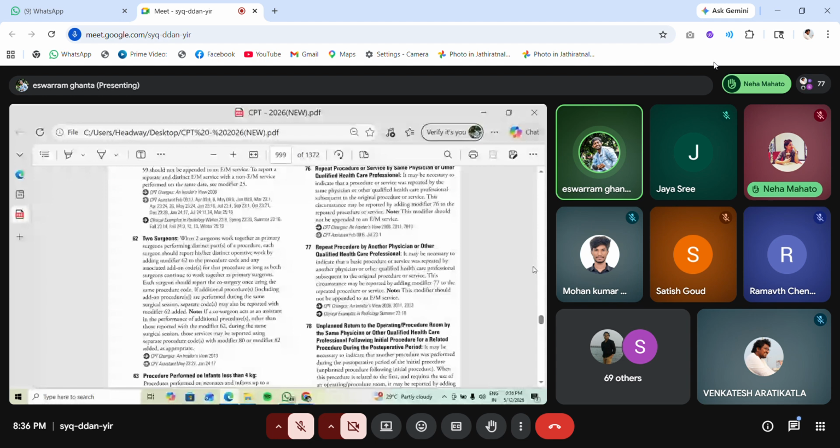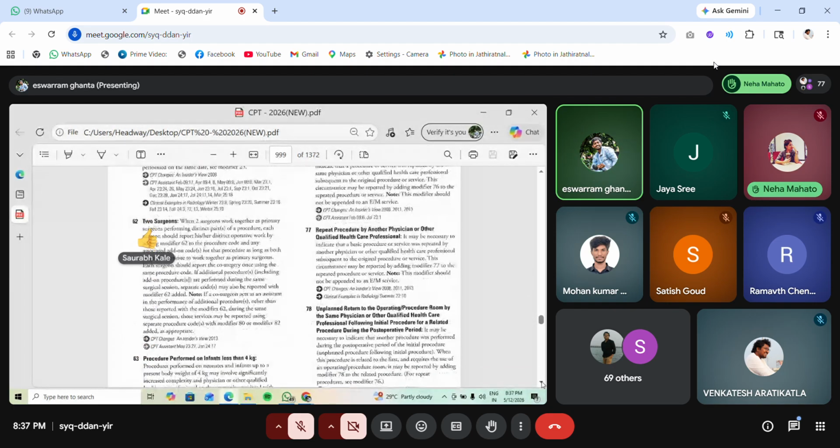That may be the same department or different departments. I told you different departments like orthopedic and neurosurgeon, but in some cases persons from the same department also perform that.